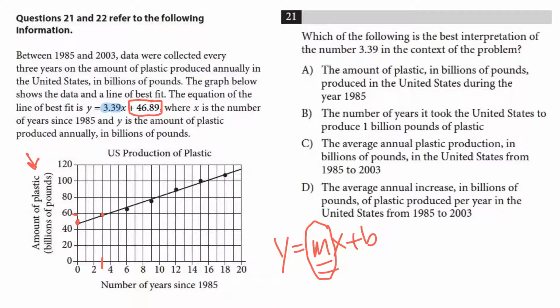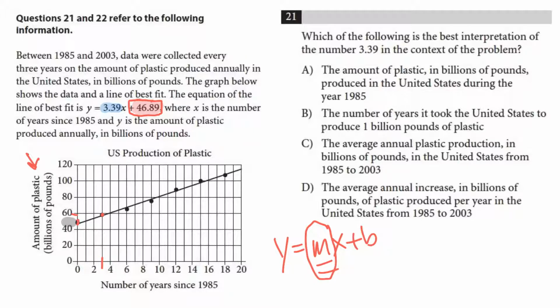All right, let's look at these answers. A, the amount of plastic in billions of pounds produced in the United States during the year 1985. No, clearly not. We produced that much, which actually happens to be 46.89 billion pounds in 1 year.